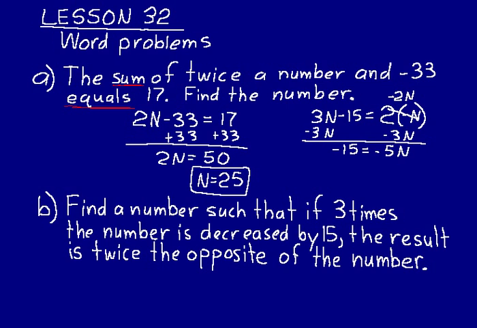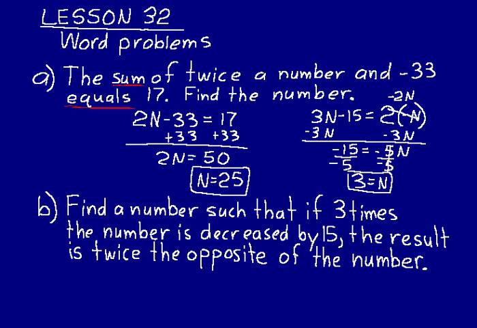And then I would divide both sides by negative 5. So that cancels on the right side, and I have negative 15 over negative 5. That would be a positive 3. So n is equal to 3, or 3 equals n, either way you want to say it.